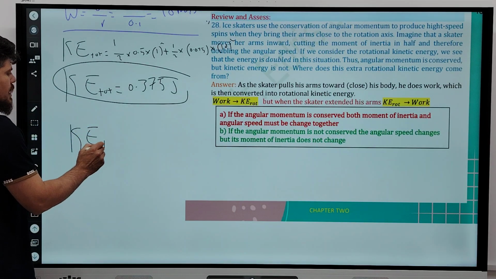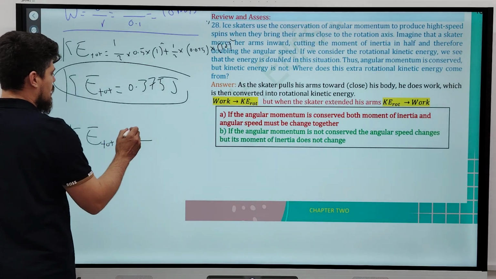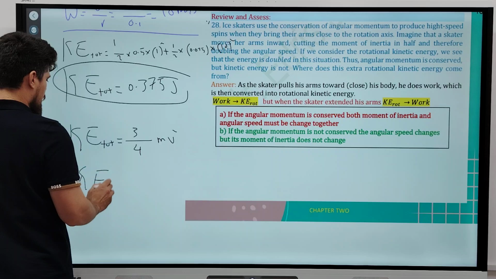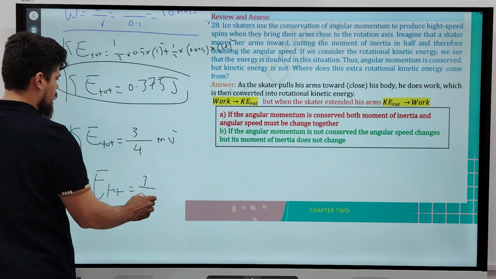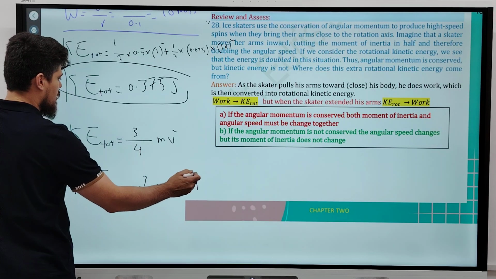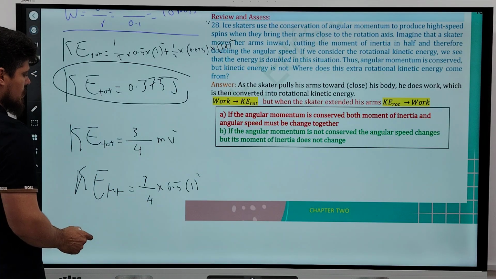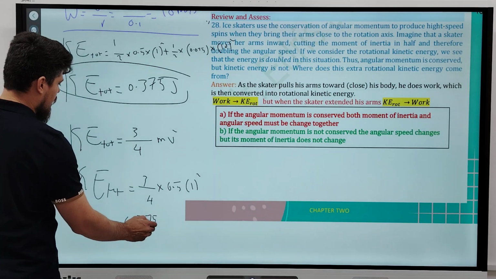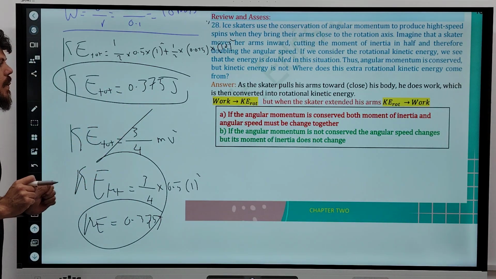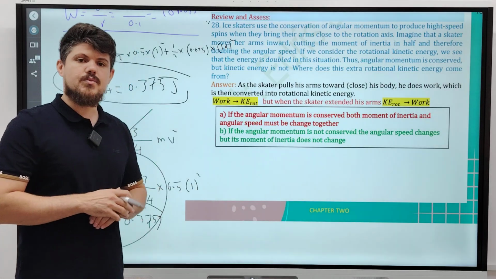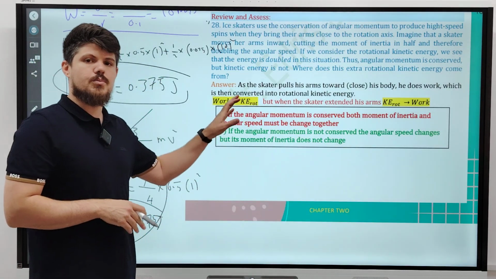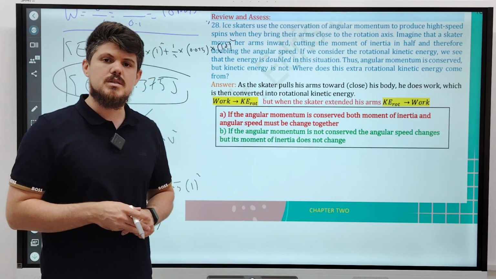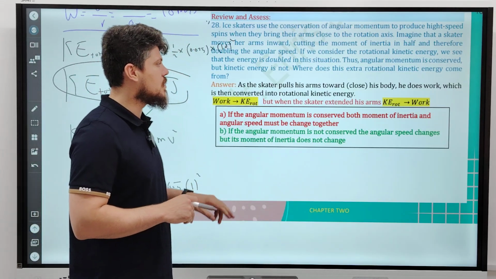Also, in a fast way, total kinetic energy is equal to 3 over 4 mv squared, which is 3 over 4 times 0.5 times 1 squared, equal to 0.375 joule. This is for the pulley, shaped as a disc. And also, you can find the total kinetic energy for the solid sphere, for the ring, and for the hollow sphere.